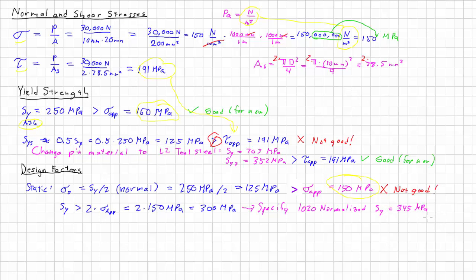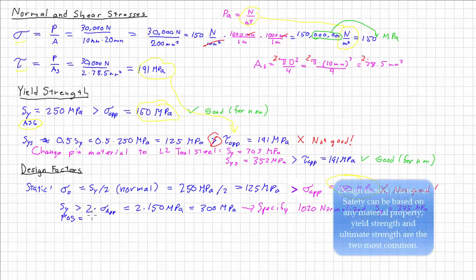Now this is where that difference comes in between design factor, which we found was 2, and safety factor. Now that I specified something that actually has more strength than what we need, now I can find my factor of safety based on yield strength.